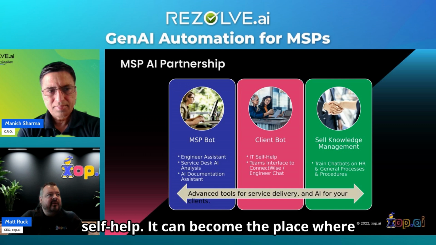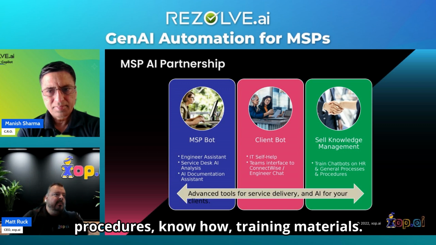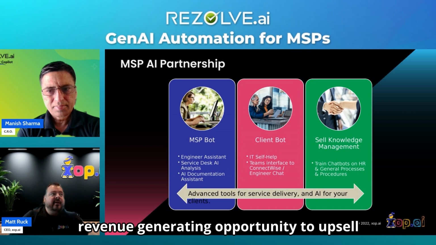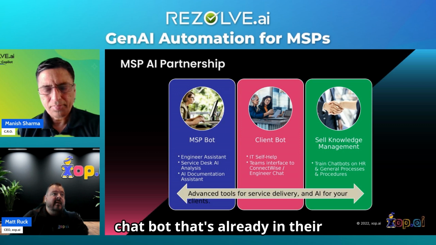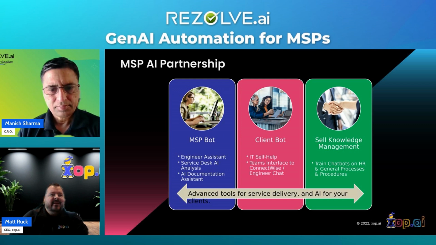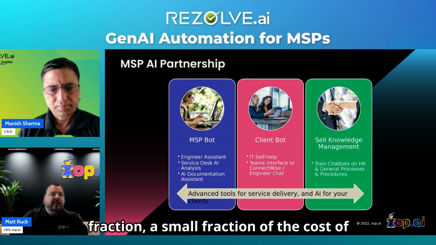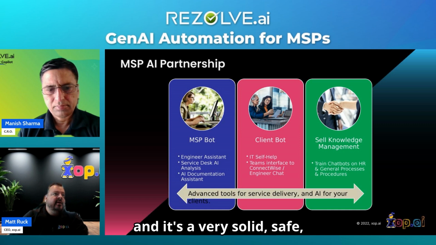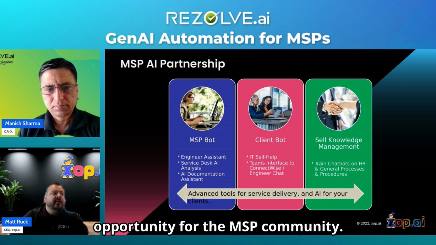It can become HR self-help. It can become the place where staff accesses processes, procedures, know-how, training materials. And so with that very same chatbot, there's a revenue generating opportunity to upsell the client on that IT chatbot that's already in their environment to do so much more. It's a very cost-effective chatbot, a small fraction of the cost of something like a Copilot 365, and it's a very solid, safe, practical, revenue-generating AI opportunity for the MSP community.